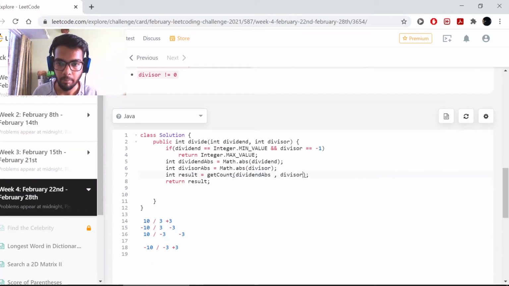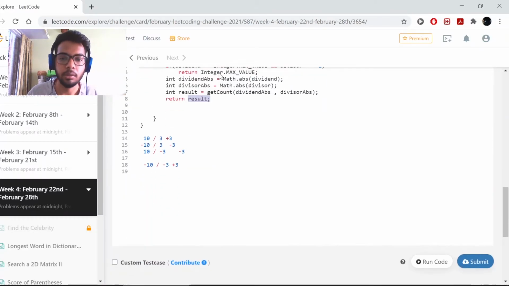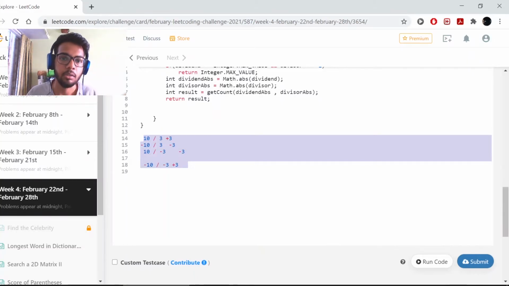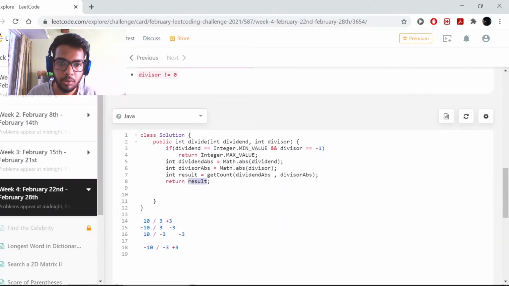Again, coming back to why we need to edit this is because we have these conditions. So first we need to check if our dividend, not the absolute one, the one that we have, is less than 0, and also we need to check if our divisor is less than 0.